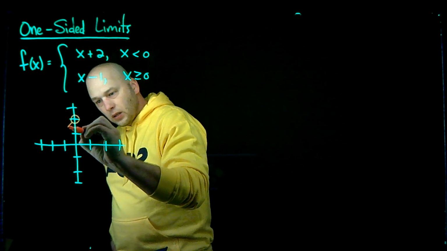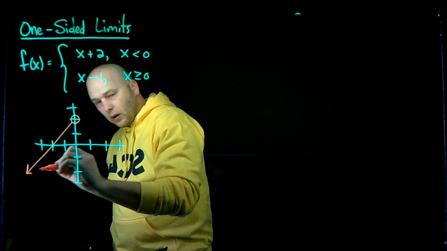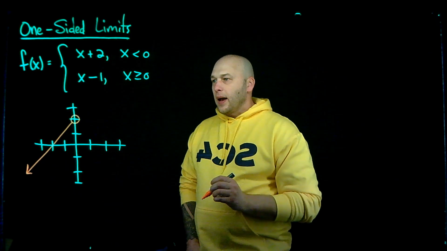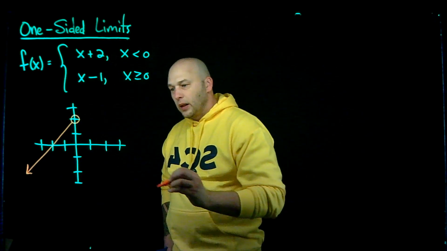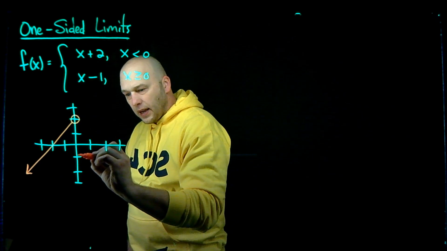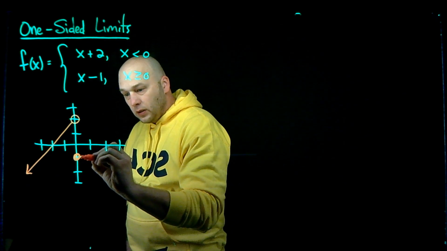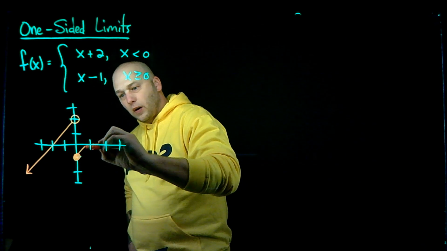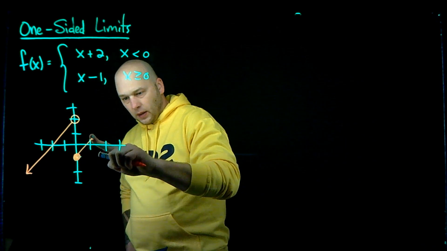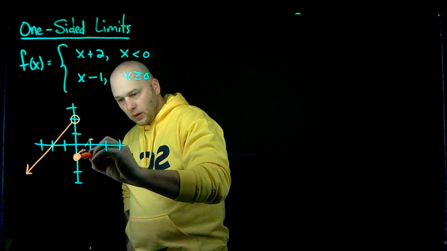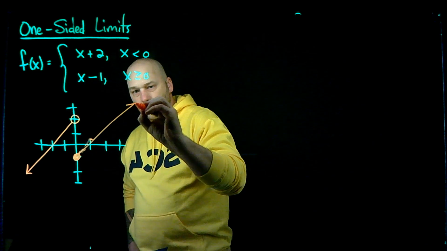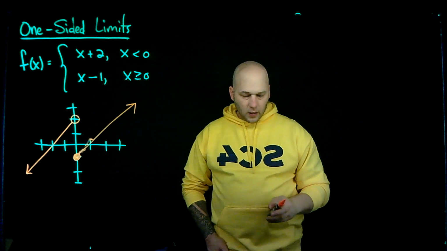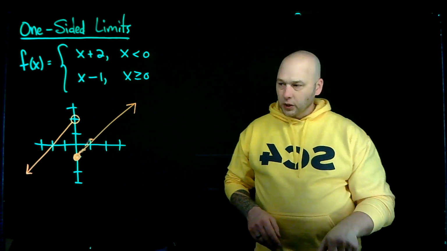And then x minus 1 if x is 0 or larger. So that means the y-intercept is negative 1, and it's including 0, and then a slope of 1. I missed my x-intercept there, so it looks like that. Okay, so there is the graph of that piecewise function.